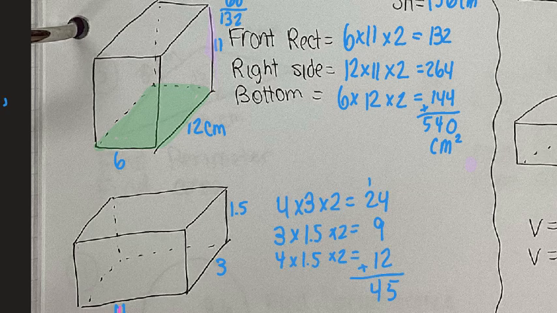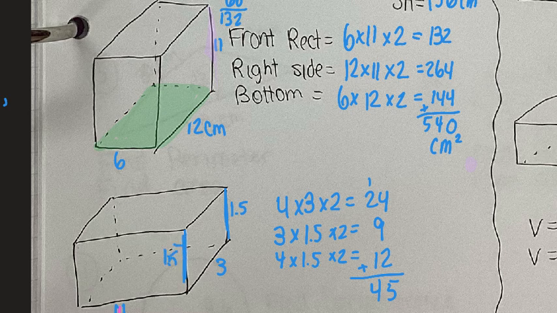I ended up with 45. So I did the bottom, 4 times 3, which is 12, and doubled it. I did the side, 3 times 1.5. I actually doubled the 1.5 because I could do mental math there, and that's 3. 3 times 3 is 9. Then I did this combo because if that's 1.5, this is 1.5.